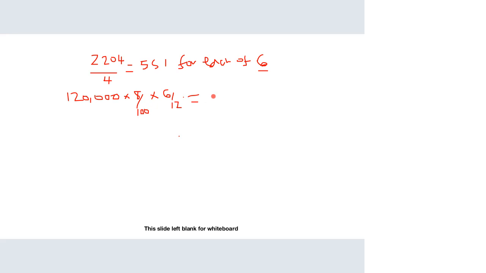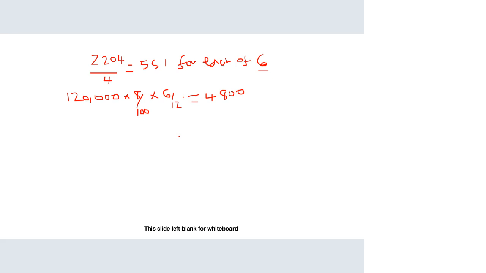Okay, thank you, Margaret. 4,800. This is the amount that we expect to pay to the bondholders in cash after every 6 months.